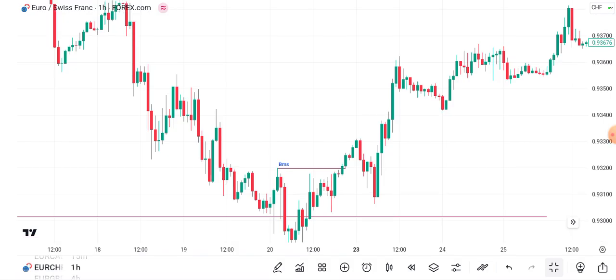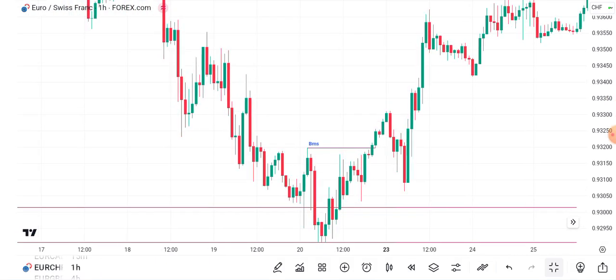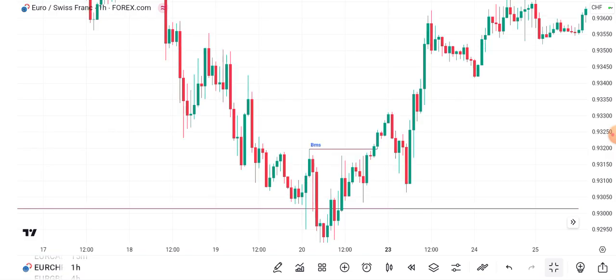So what I'm trying to show us is you should be able to trace your setup with sound logic. Why would you want to take a trade? Based on established principles that have been tested and proven, those are the reasons for which you want to be taking trades.